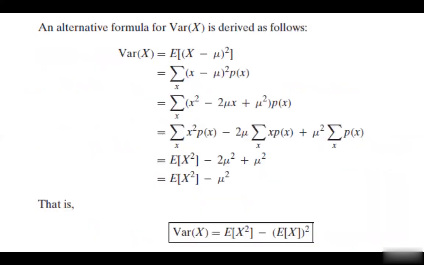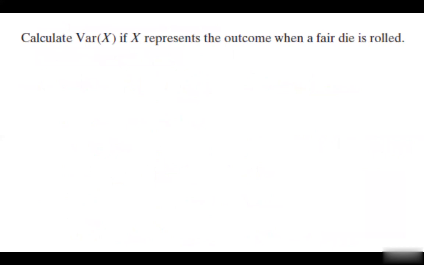Okay, let's see an example. Calculate Var(X) if X represents the outcome when a fair die is rolled. Remember that we can try using the second, alternative method, right?